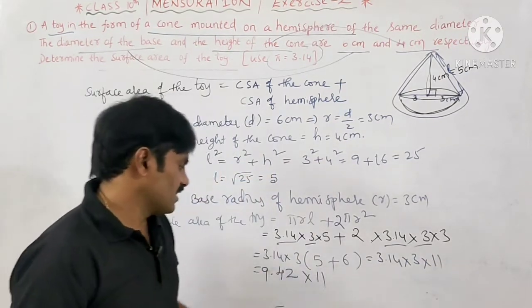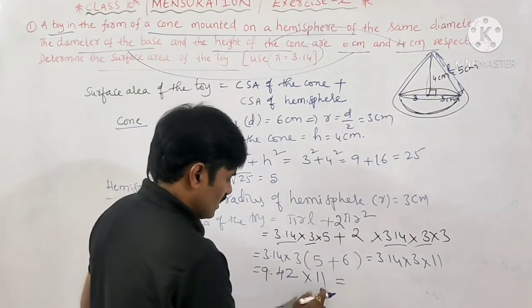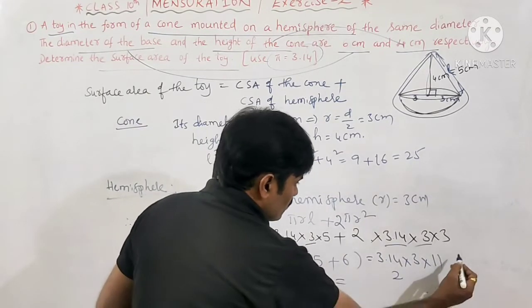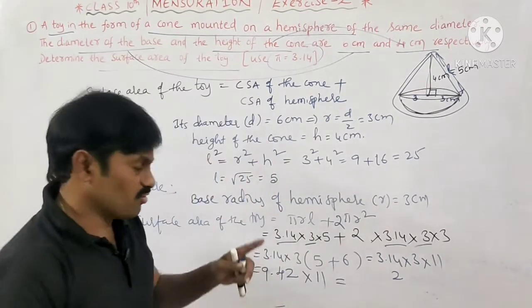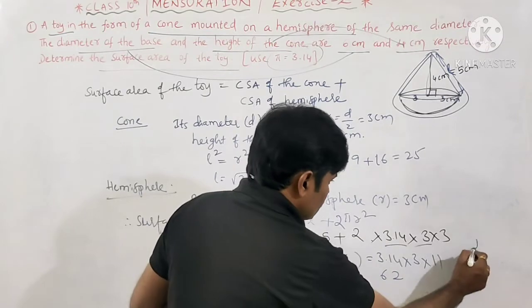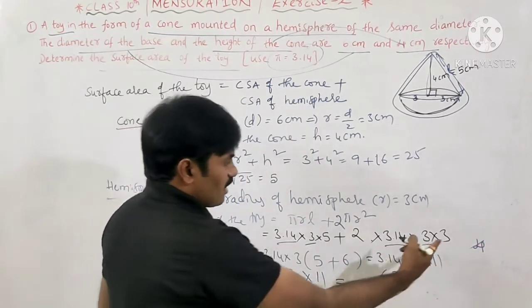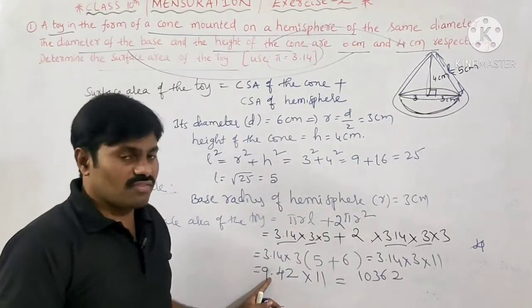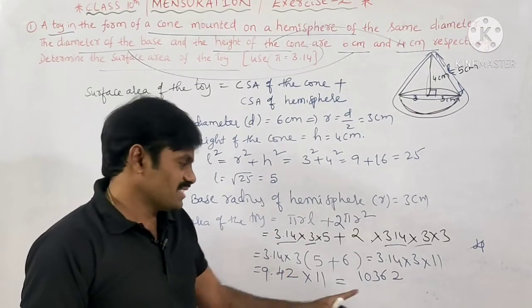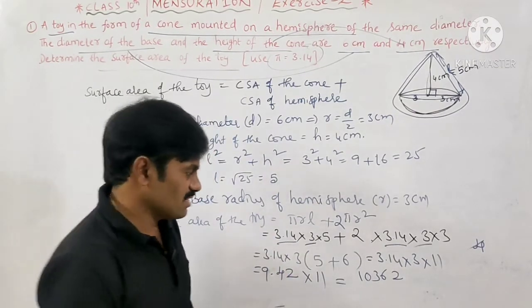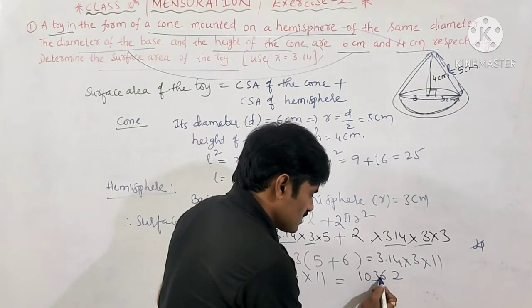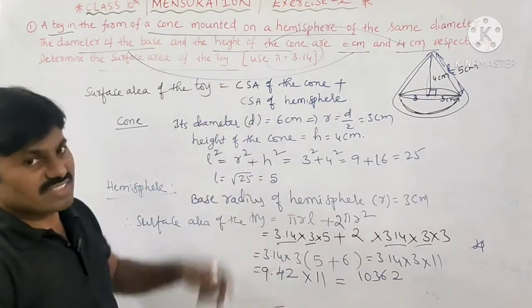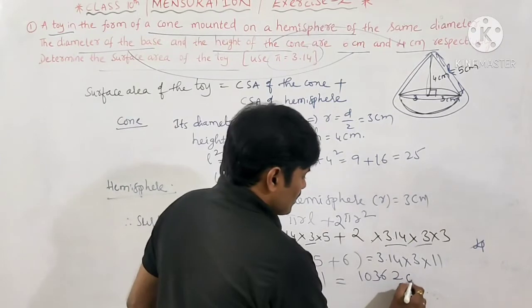If you multiply everything, 11 2s are 22, 11 4s are 44 plus 2, 46, 11 9s are 99 plus 4, 103. After the decimal point there are 2 digits, so what do we get as the final answer? 103.62, the surface area, in centimeter square.